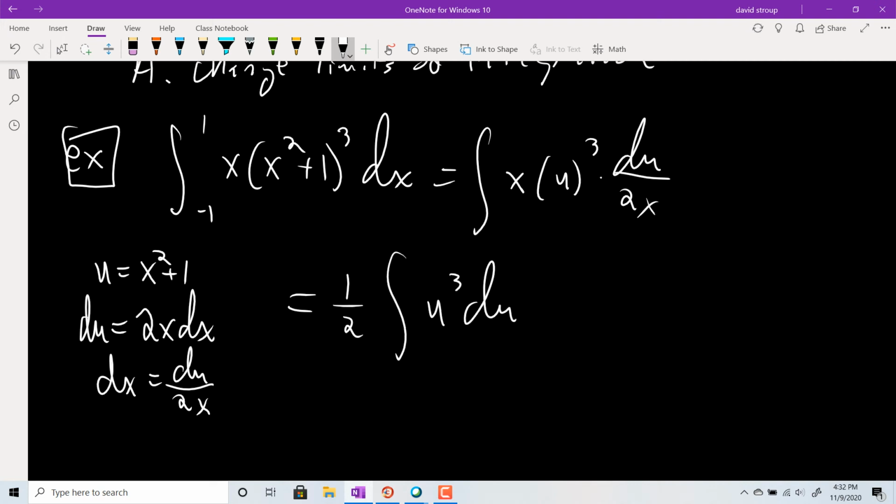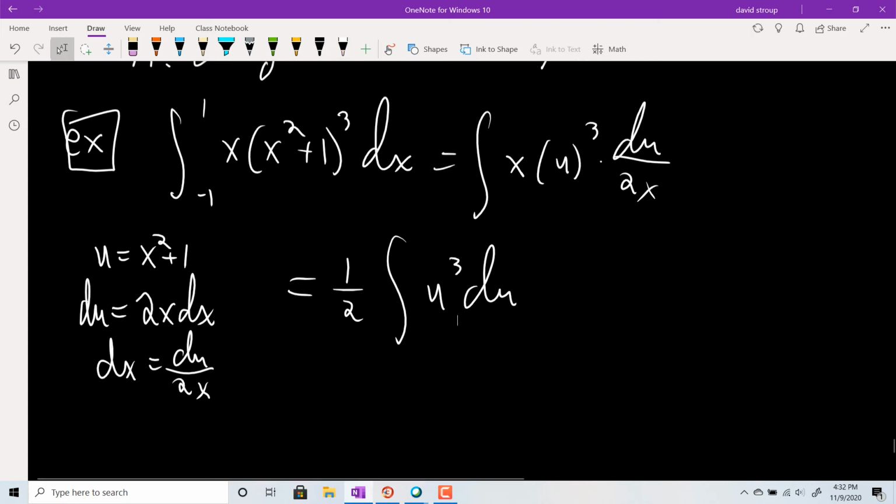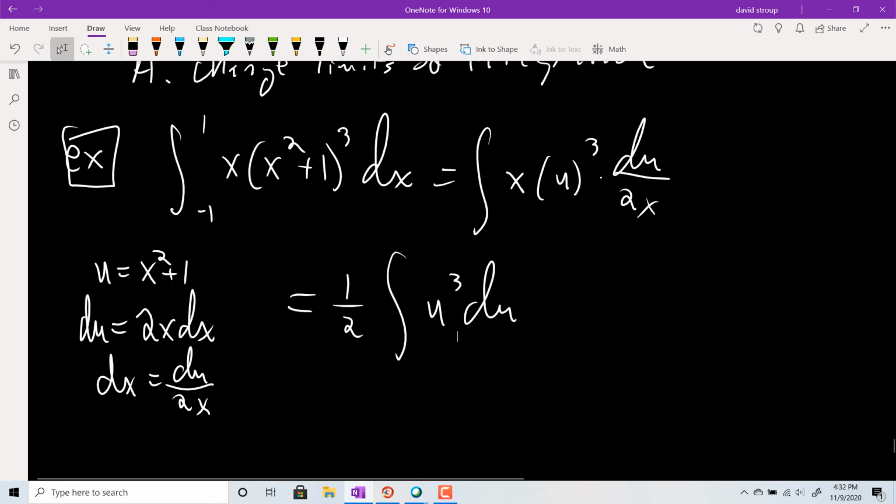You also, though, want to do a change of variables on the limits using that u formula. Originally the integral goes from x equals -1 to x equals 1. Our new integral is going from u of x equals something to u of x equals something, and that x is just the x you see in the original integral.